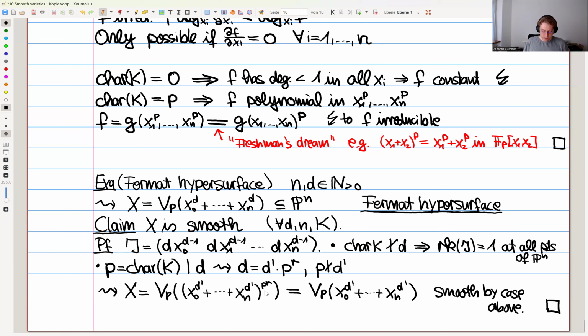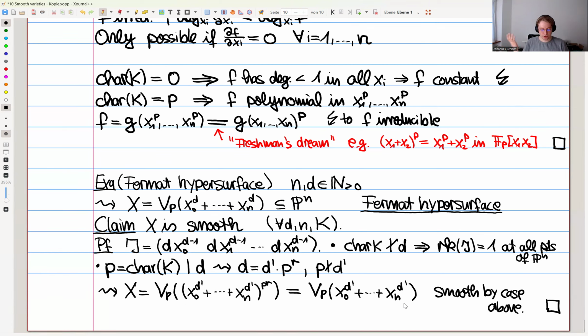The same freshman's dream allows us to pull out this p to the r, because we're in characteristic p, and get this remaining term. But the vanishing locus of this is 0 if and only if each of the factors here is 0, so in other words, if this thing is 0.